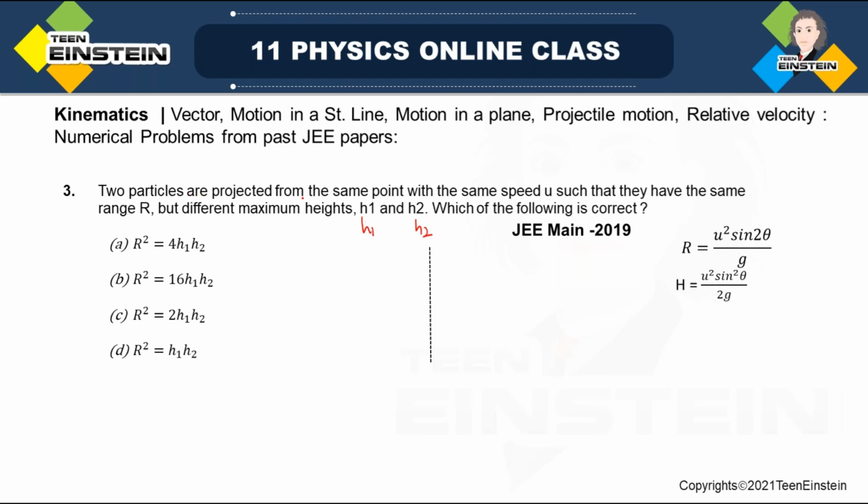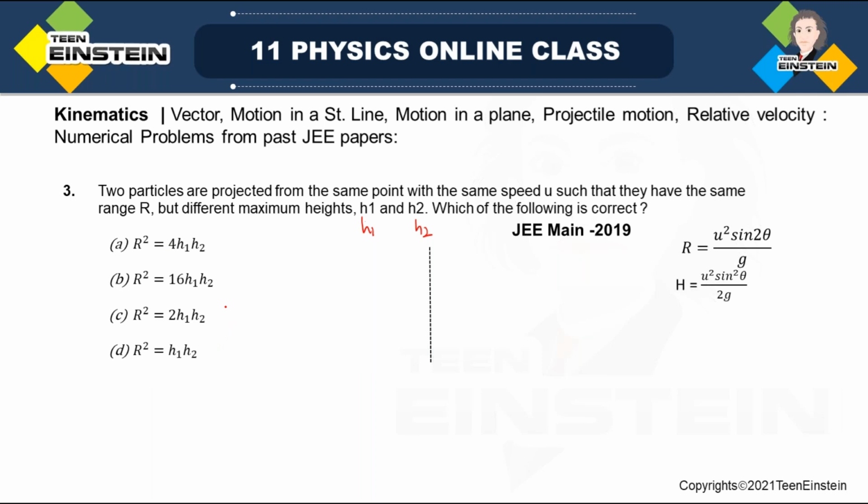Two particles are projected from the same point with the same speed u, such that they have the same range but different maximum heights, H1 and H2. Which of the following is correct? So these are the relations between the maximum heights and the horizontal range. So out of these 4, you have to find out the correct one.